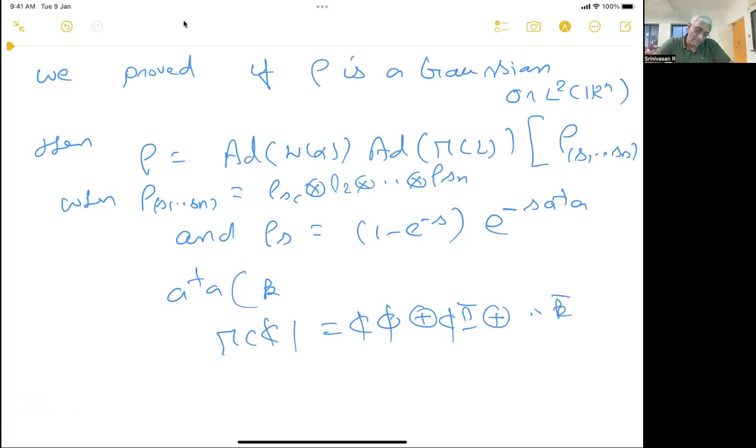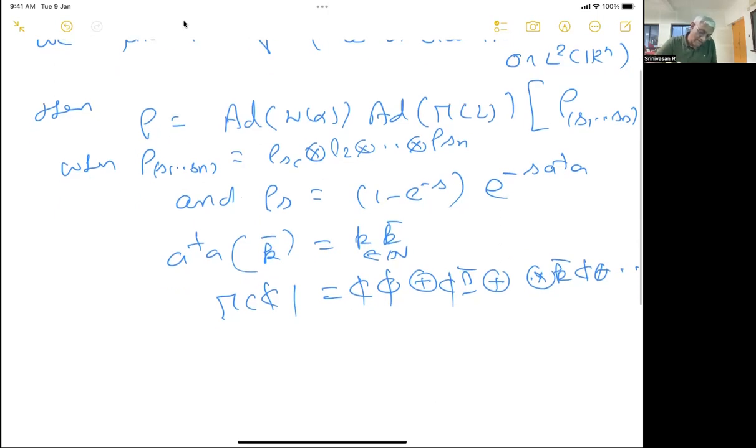K bar times C. Then A dagger A acting on K bar is just K times K bar. This K is an integer, the number K, and K bar is a vector. You fix a unit vector in the kth one. It is just a number operator whose eigenvector lies in the kth particle space, and its eigenvalue is K. So everything will look like this.